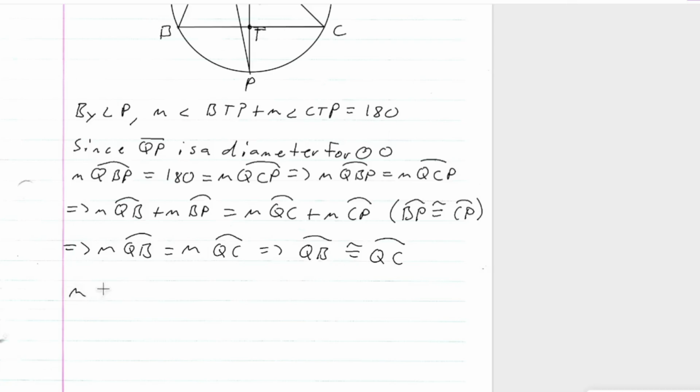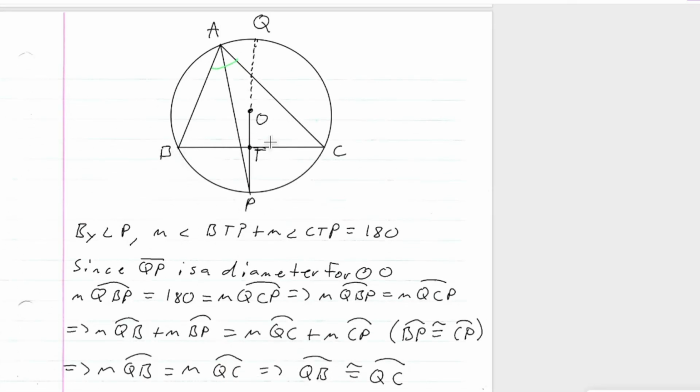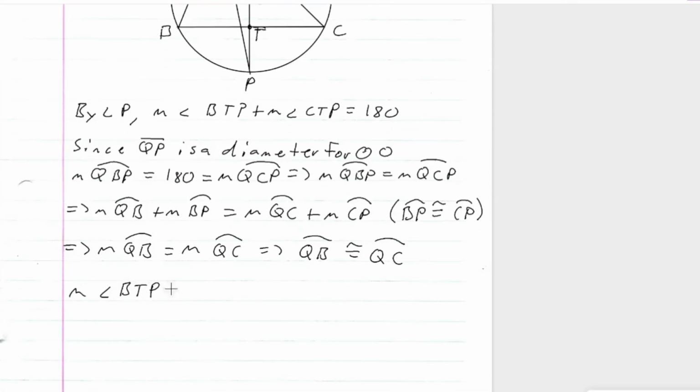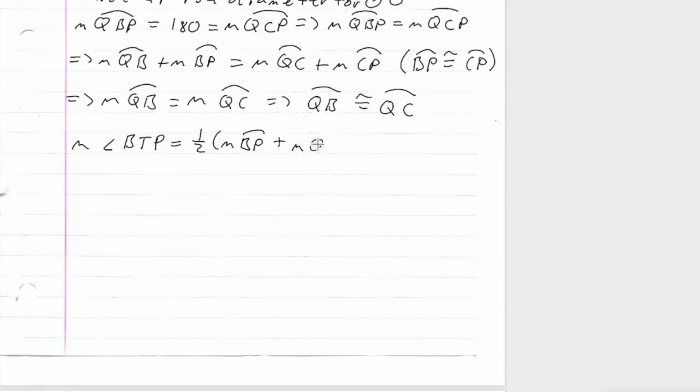Now, we know the measure of angle BTP. So BTP is equal to half of arc BP plus half of arc QC, right? So this is equal to half the measure of BP plus QC. Well, I proved that QC is the same thing as QB, right?